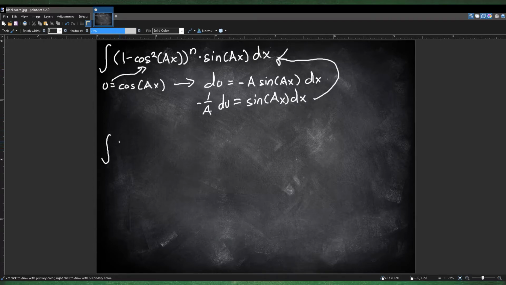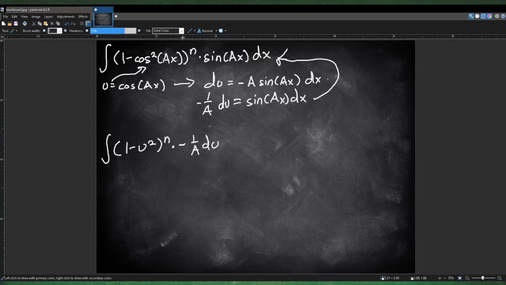So the integral of 1 minus u squared, because it's cosine squared of ax, to the power of n, times, we substitute sine of ax dx with negative 1 over a du. So now everything's in terms of u.